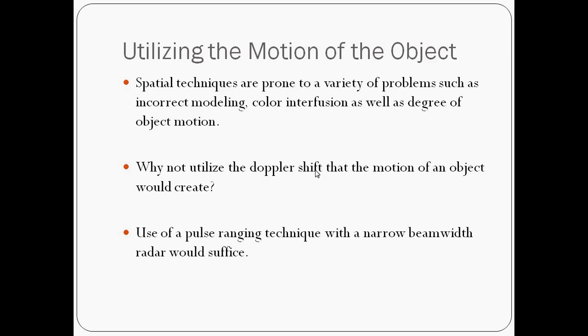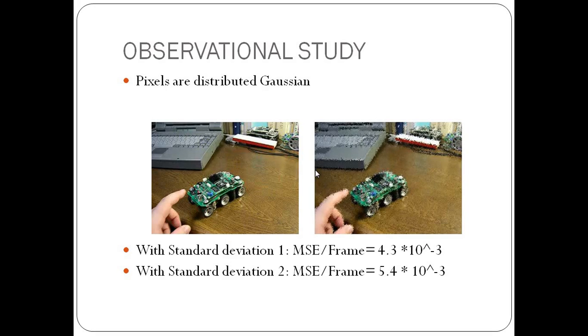Moving forward, first of all, I performed an observational study to check whether the pixels are Gaussian distributed, because we need a search area where we assume the pixels to be present. I distributed the pixels, keeping the mean as the pixels themselves and the standard deviation as 1, applied a Gaussian distribution, and then relocated the pixels according to that mean and standard deviation to their new location.